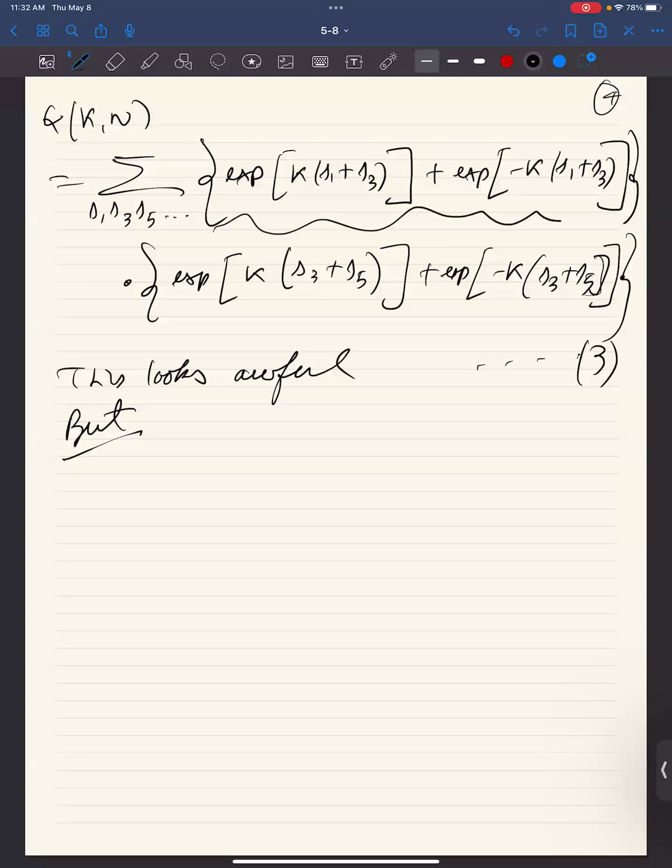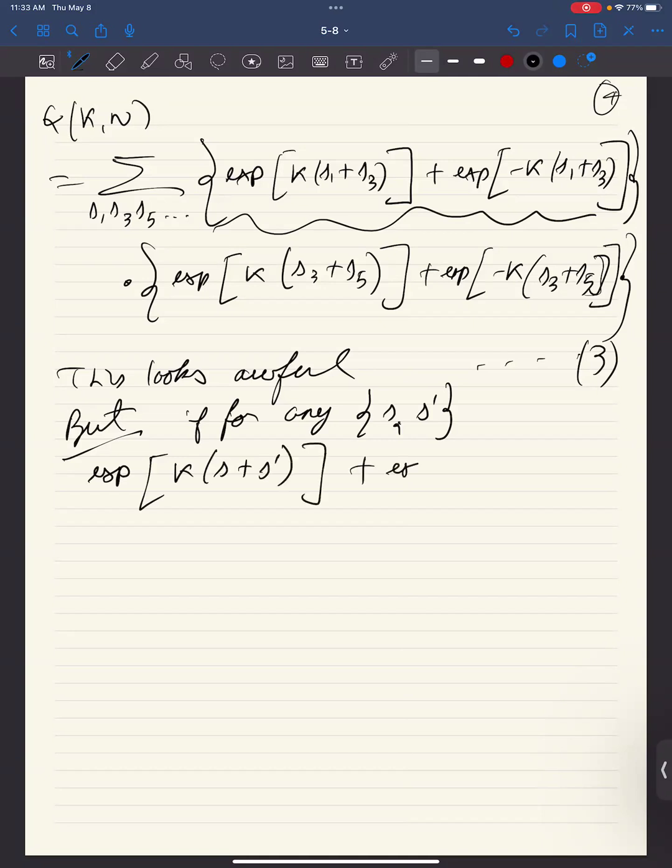Any of these things, let's write it generally, not just S1, S3; let's consider S and S prime. For any S comma S prime, where S comma S prime could be S1, S3, it could be S3, S5, it could be S5, S7. If this thing that I have above here, exp of K (S plus S prime) plus exp of minus K (S plus S prime), could be written in the following form, and it will look very strange what I'm going to write next, but you will see why it makes sense.